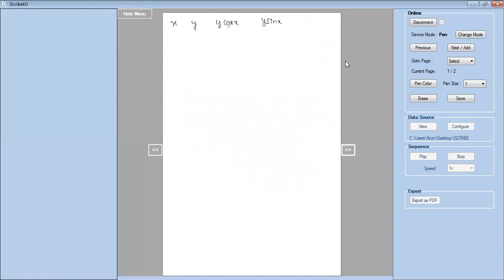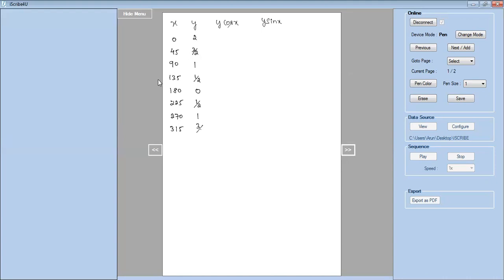So x values are 0, next 45, then 90, 135, 180, 225, 270, 315. And the corresponding y values are 2, 3 by 2, that is 1.5, 1, 1 by 2, 0, 1 by 2, 1, and 3 by 2. So these are the corresponding y values.